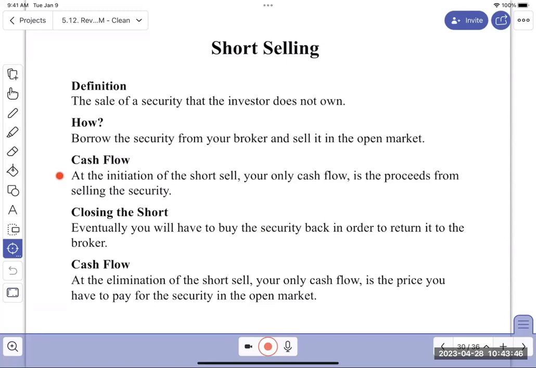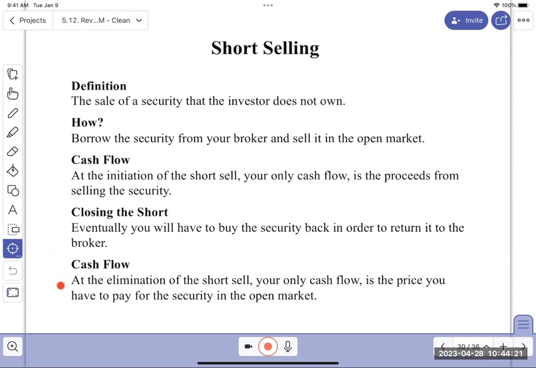At the initiation of the short sale, your only cash flow is proceeds from selling the security because you didn't pay for it, right? You may have an arrangement with a broker, and we've simplified away the fees, but there could be a nominal fee. It's small, not worth worrying about because you have an arrangement with your broker in general. So closing the short, eventually you will have to buy the security back in order to return it to the broker.